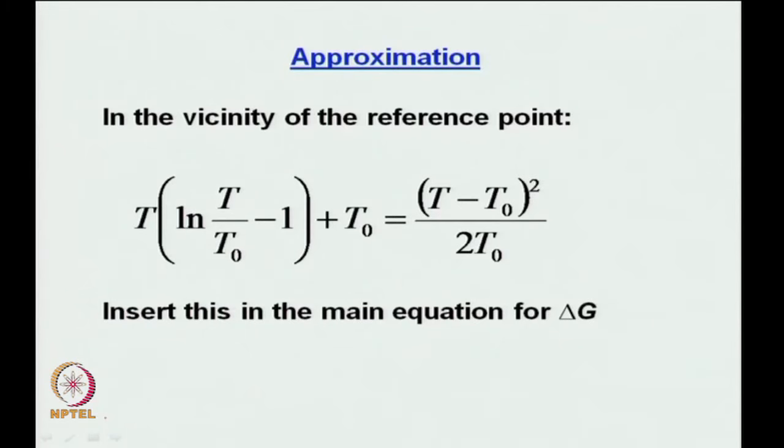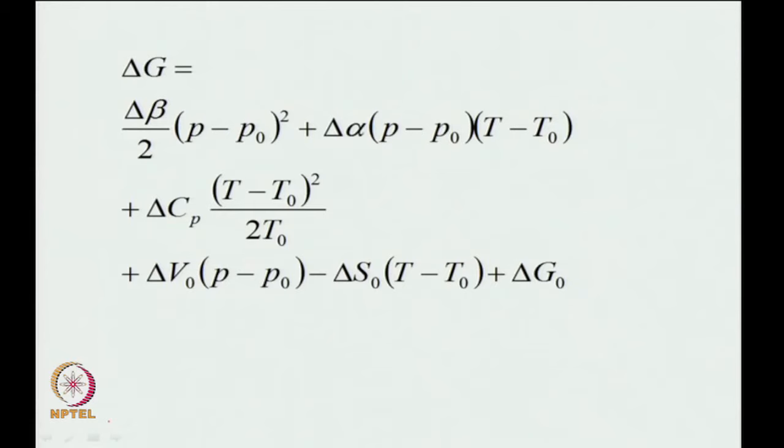You insert this in the main equation for delta G, and this is what you get. So wherever you have this natural log term, the term with delta Cp, this is where you have inserted the approximation, and this is your new equation. Okay.